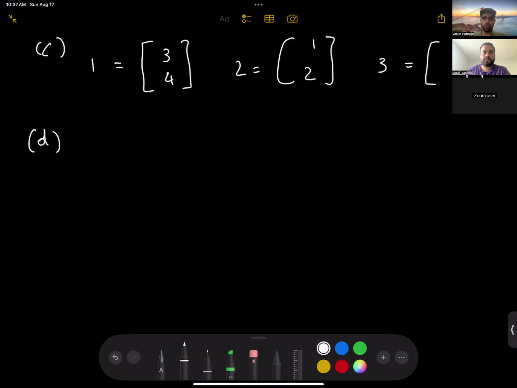For part D, we're looking at the predicted outputs of these. So we're essentially taking half of each of the features in feature vector 1, and then doing that same thing for each of the features in feature vectors 2 and 3.